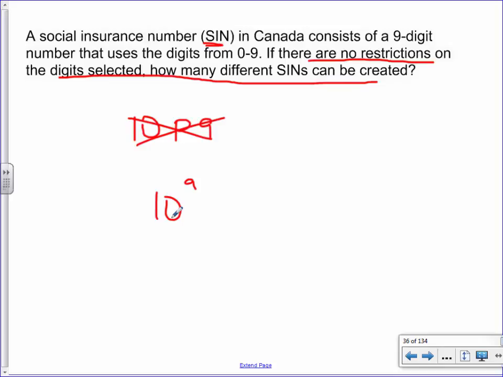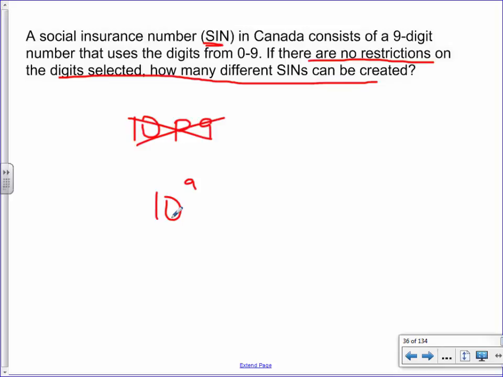Is there no restriction? I need to make sure you're really careful with the reading, because sometimes you can reuse a number, but sometimes you can't reuse a number. This whole permutation thing only works if once something has been used, you can't use it again. If I ask you to take a card out of a deck of cards, once you have the card out of the deck, it's been used.